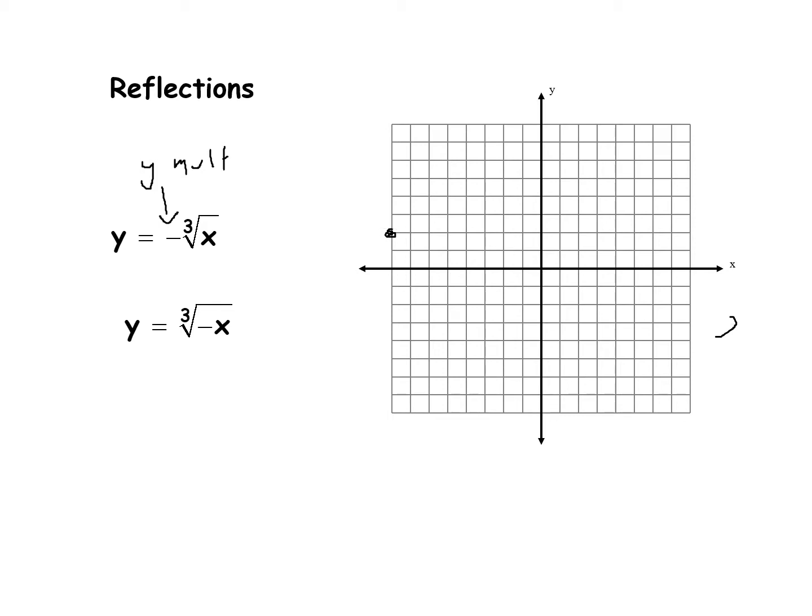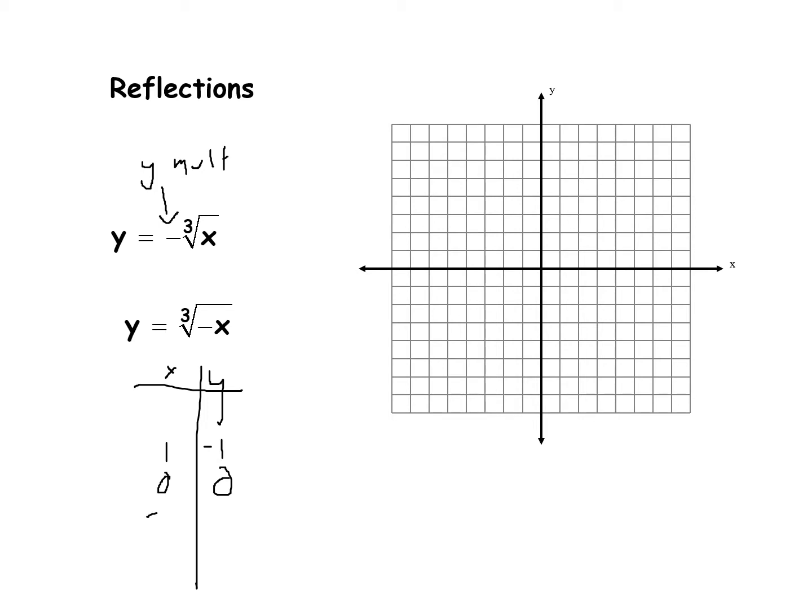And if we have a negative underneath the radical, let's think about what's going to happen on this one. Just like before, I could still do 0, 0. If I input a +1, I can still get out a -1. That's not a problem, because this would become 1 and then become -1, which gives me -1.